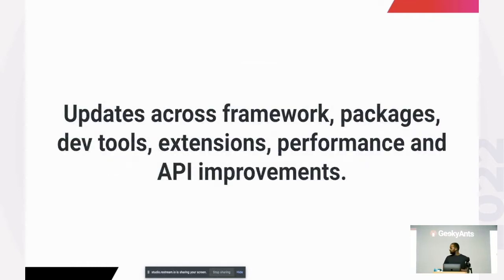These updates include frameworks, packages, dev tools, extensions, and a lot of API improvements. When I was going through the changelog, there were so many changes that I cannot compile everything within a 10 minute talk. So what I have done is compile some very important key points.